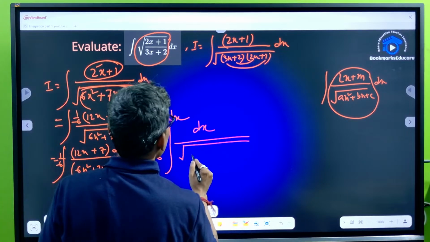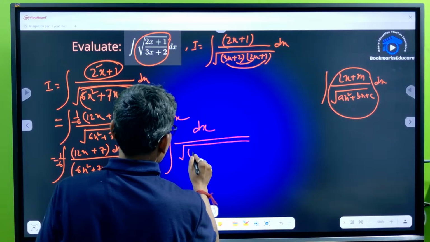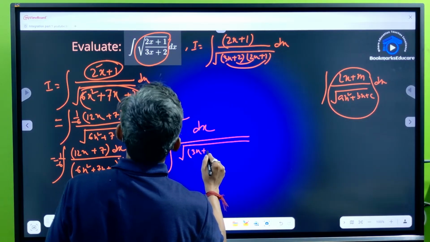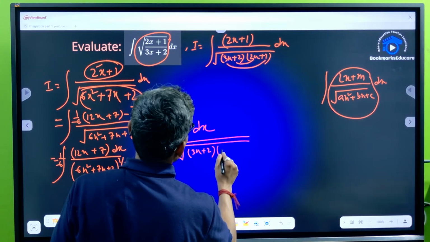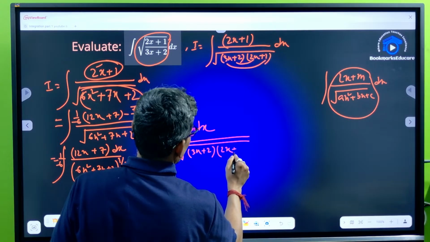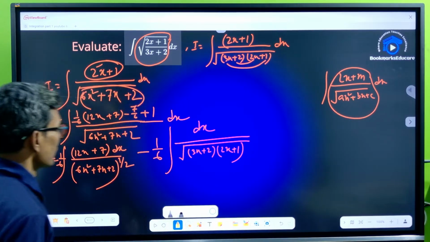We can write it again as 3x plus 2 into 2x, we can write in this form.